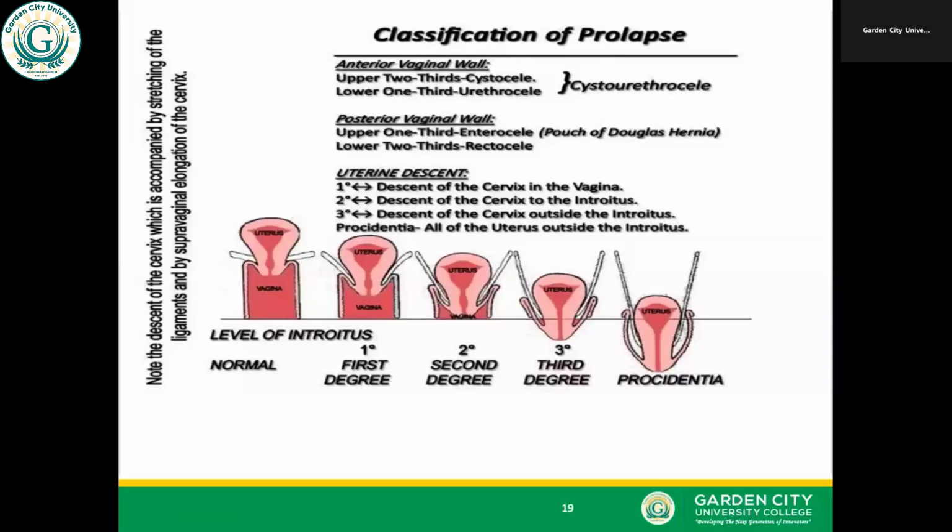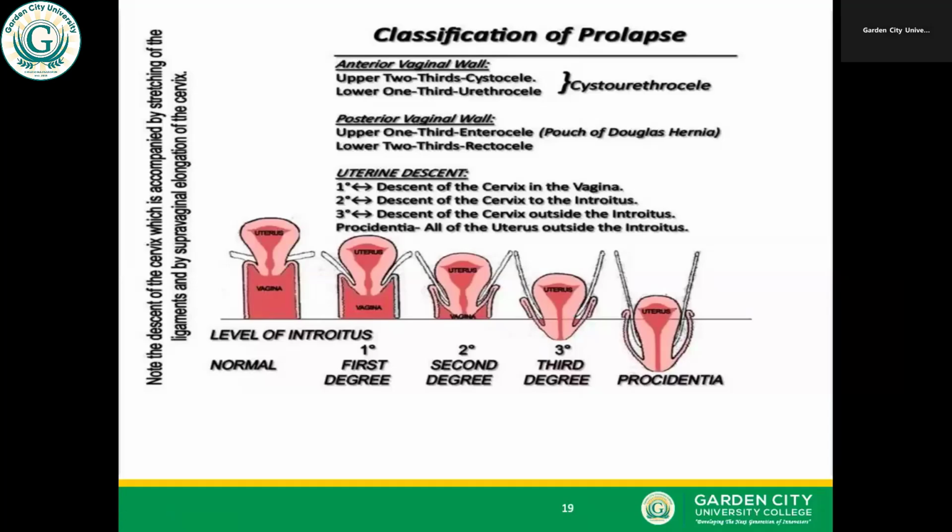And so with the second one, the cervix has reached the level of the vagina, which means the moment you put your hand, that's what you will be touching. So both internal and external os are inside the vagina. Even some part of this has come down.